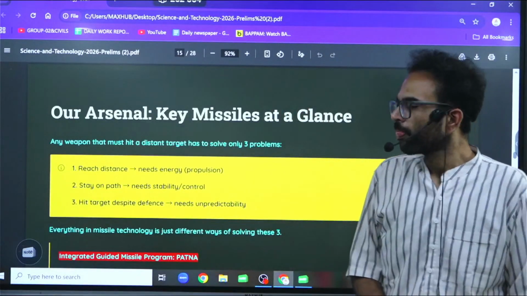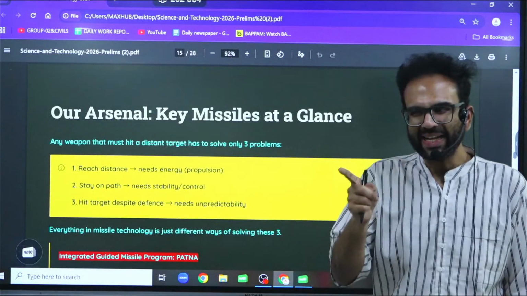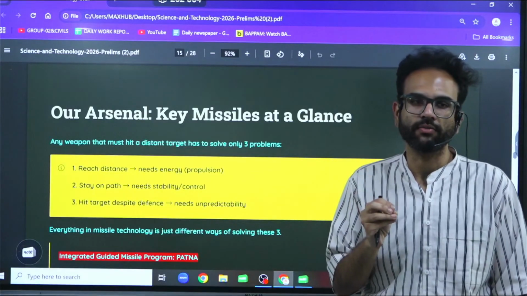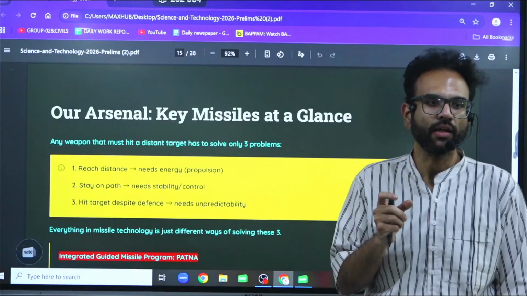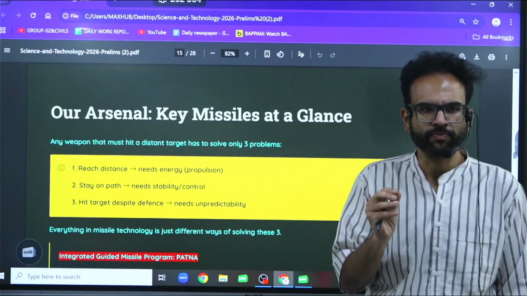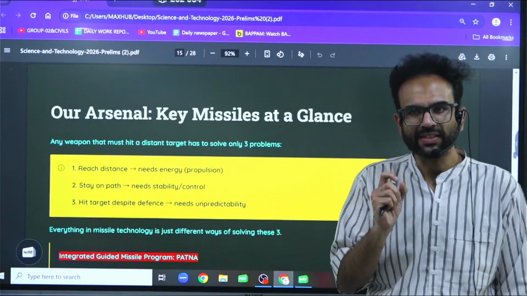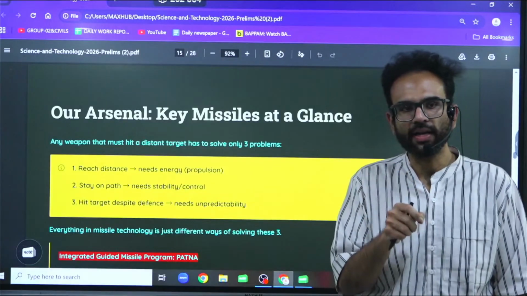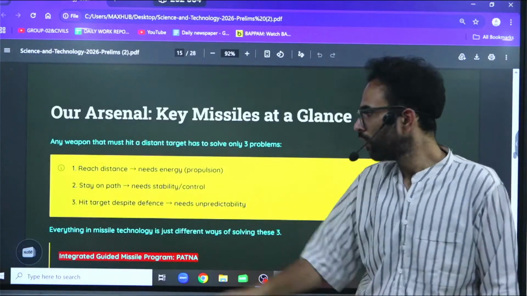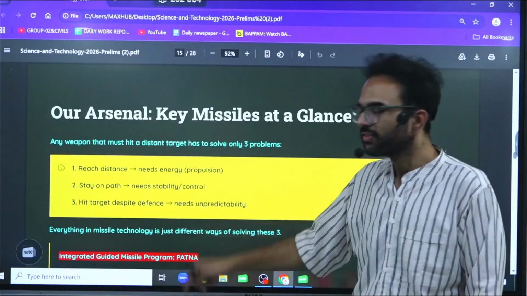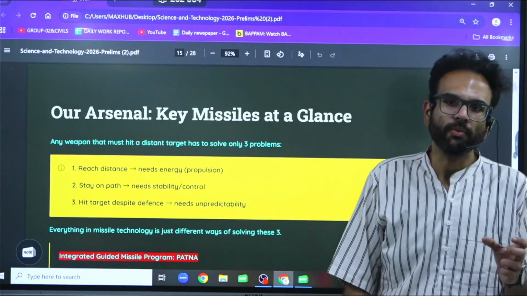Second, when you are hitting a target, precision is very important. Otherwise, it causes a lot of collateral damage. There is absolutely no margin for error. So, when you are moving at such a high speed, simultaneously having stability is important. How do you stay on path? Getting that stability is the second problem that is solved.